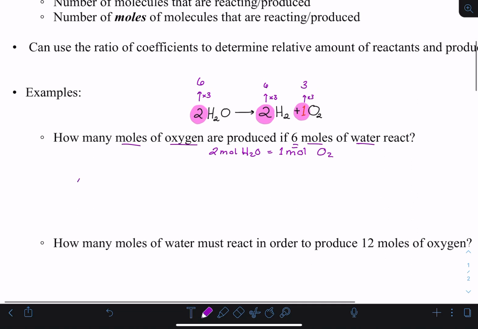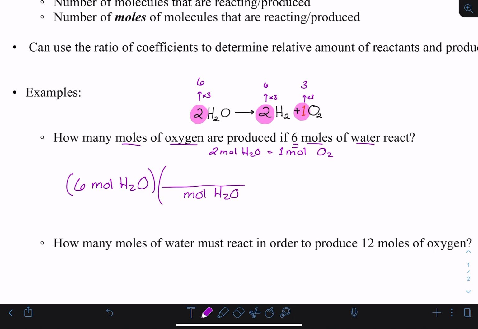So if 6 moles of water react, we're going to use our conversion factor, and dimensional analysis tells us that if I want to convert out of moles of water, that needs to go on the bottom so that it cancels, and I want to end up in moles of O2, so that goes on the top, and then we're just plugging in our coefficients.